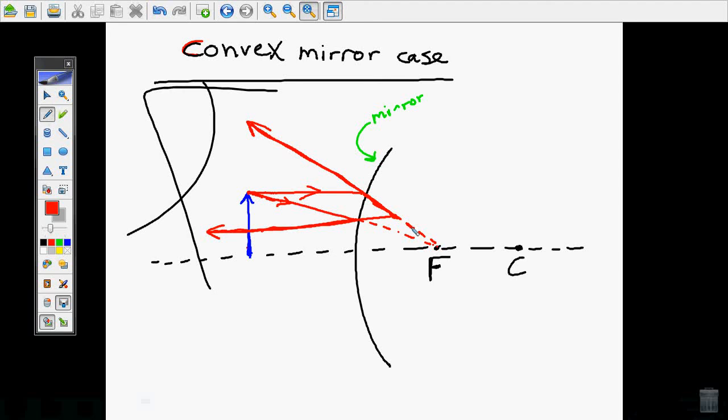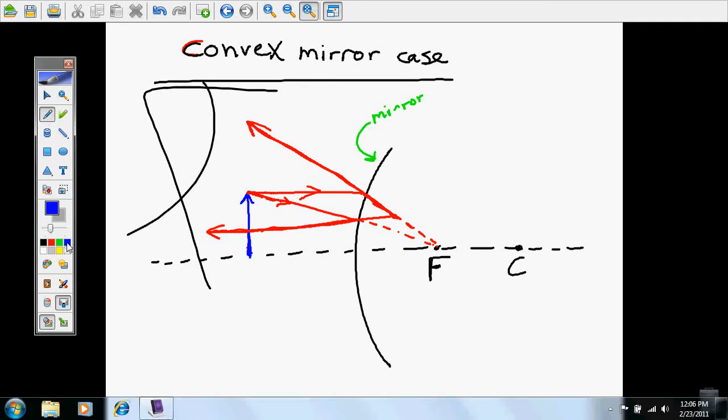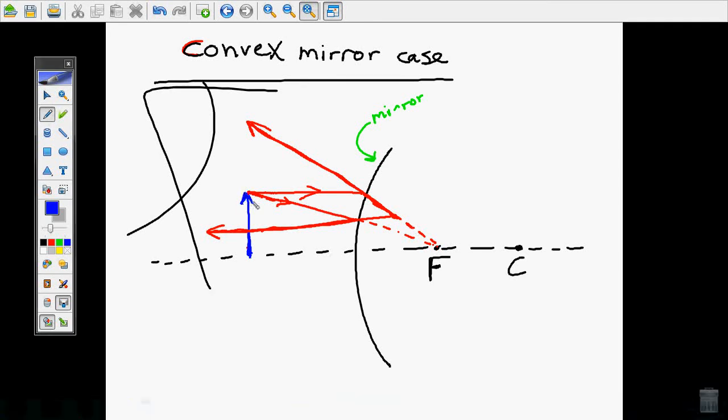So where would your eye be faked out and seeing? The light really came from the head of the object right here. But if you looked into that mirror, you would see the head right here. And if you played the same game for the feet, they would be found on the principal axis the same distance.